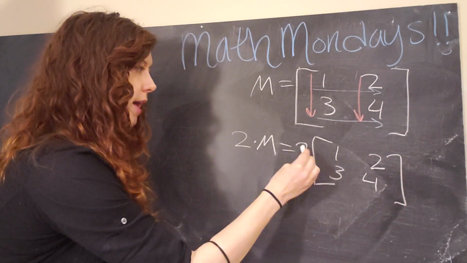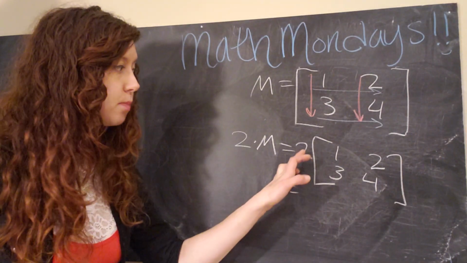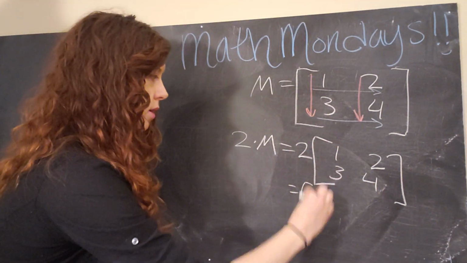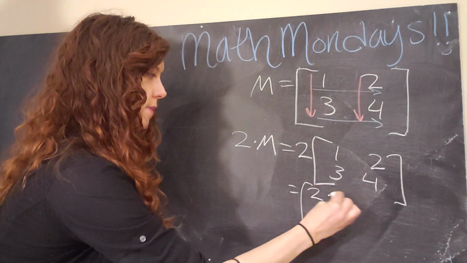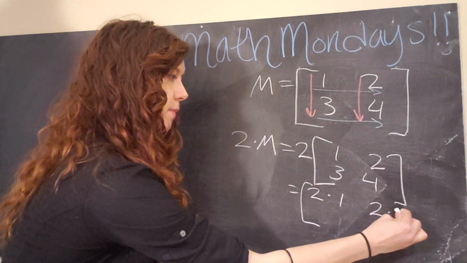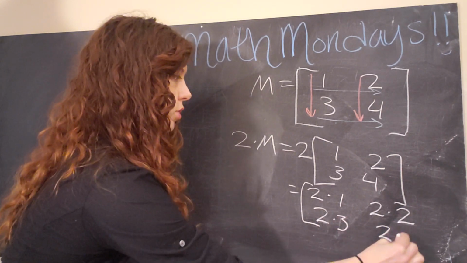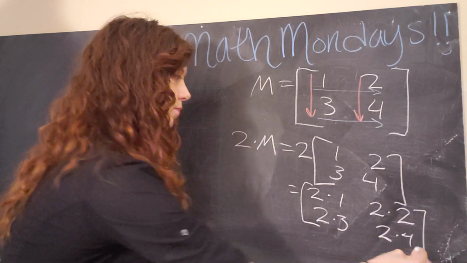To do that, I just bring the 2 in and multiply it by each element, which would be 2 times 1, 2 times 2, 2 times 3, and 2 times 4.